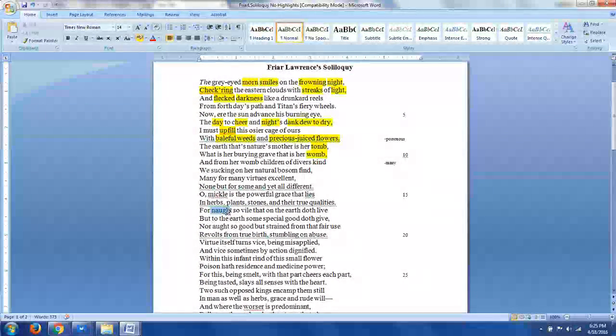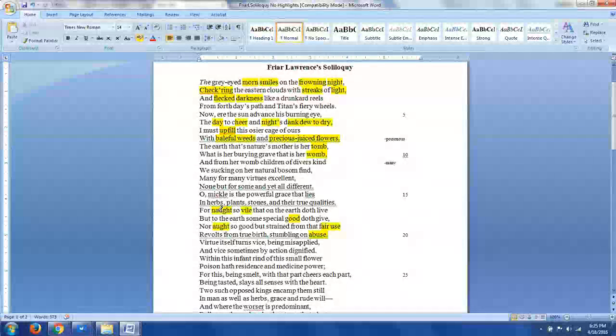That would be one of his responsibilities. And so here, as we go on, we are talking about how these plants can do good, but they can also be bad. So we have "naught" and "ought," which are opposites, and vile and good are opposites, and then fair use and abuse.